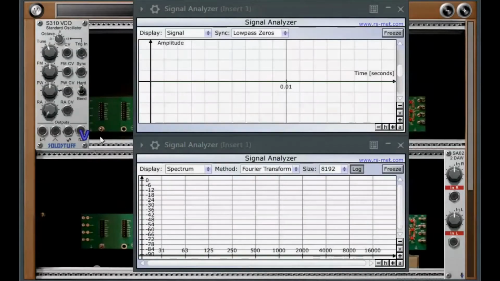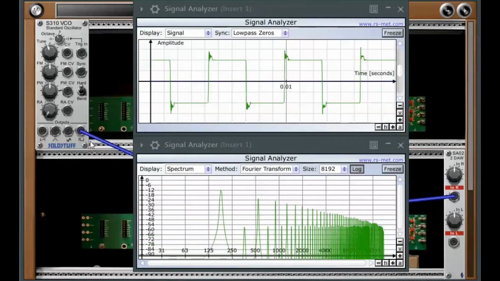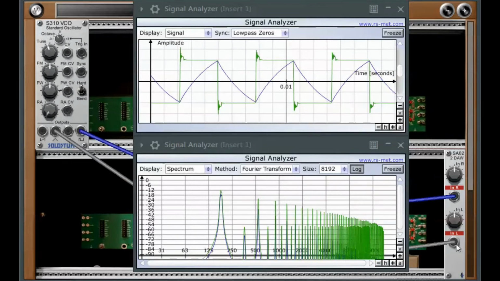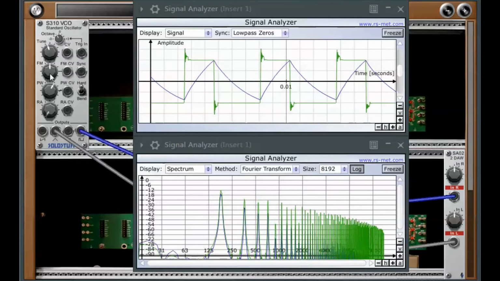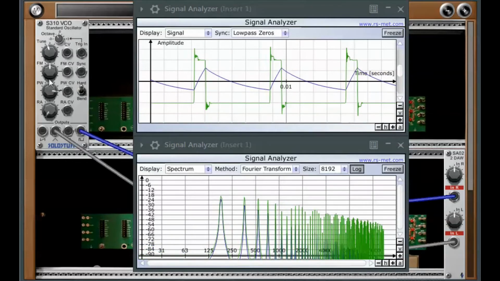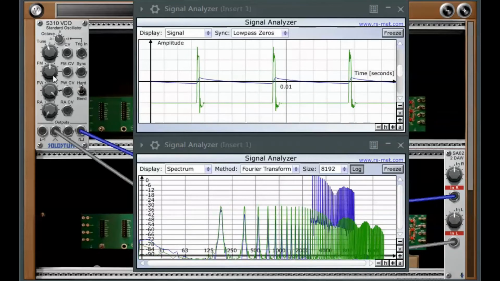Let me demonstrate how it is with a triangle wave. I attach the pulse wave to the right stereo channel and the triangle wave to the left one. The green line in the signal analyzer shows the pulse wave, and the blue line shows the triangle wave.